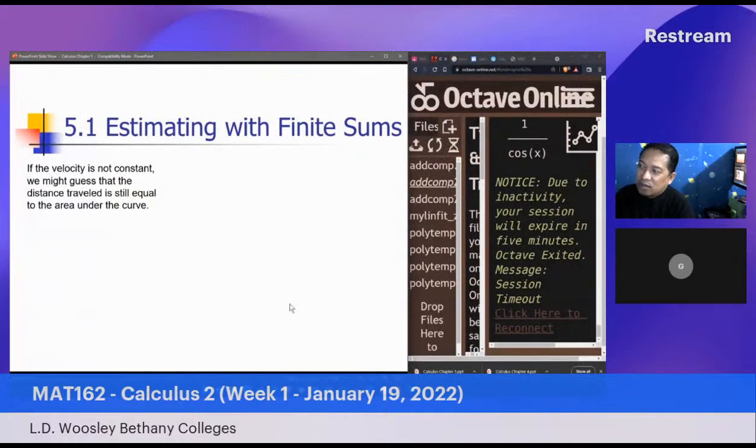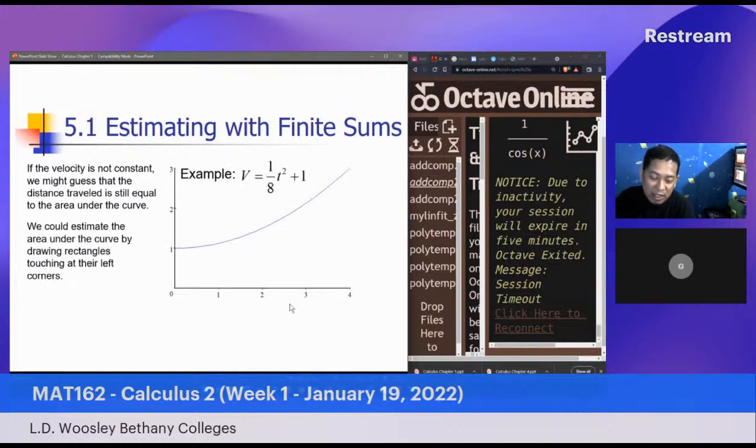If the velocity is not constant, perhaps acceleration, we might guess that the distance traveled is still equal to the area under the curve. So magkakaroon na tayo ng quadratic expression doon sa varying velocity, or sometimes we call it constant acceleration or variable velocity.